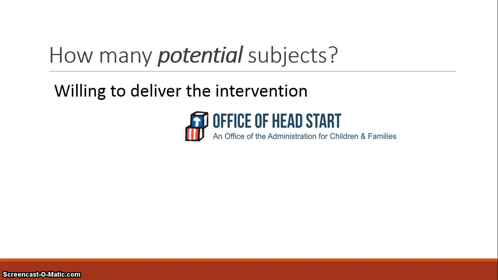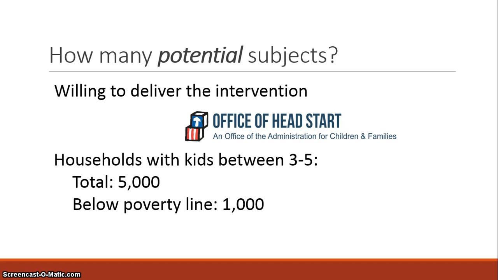Further, let's say that you have 5,000 households in your city with children between ages 3 and 5, and that 1,000 of these are also below the poverty line. Because you are interested in encouraging low-income residents to enroll in Head Start, the potential sample size for this study is 1,000, not 5,000. Again, you should only count the number of subjects that you would be willing to deliver the intervention to.